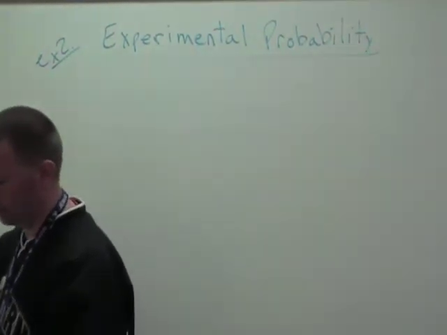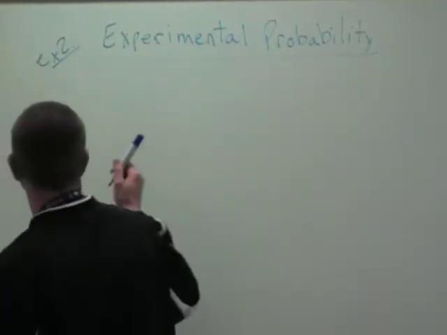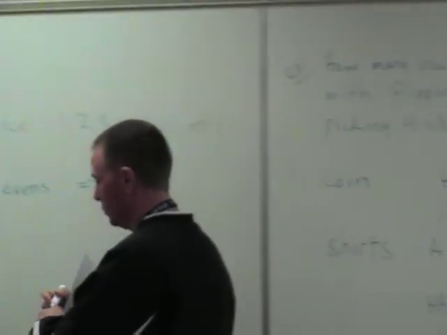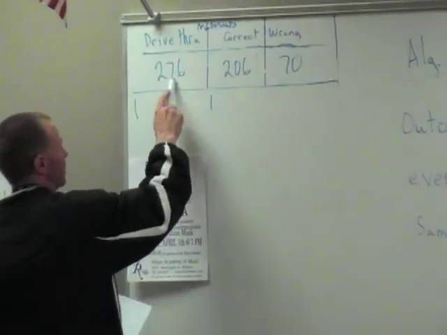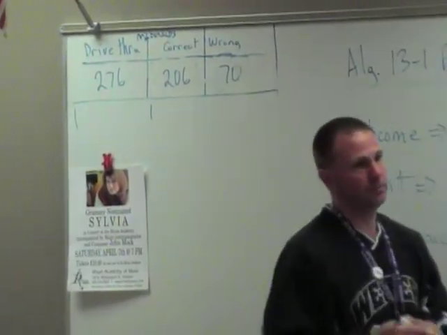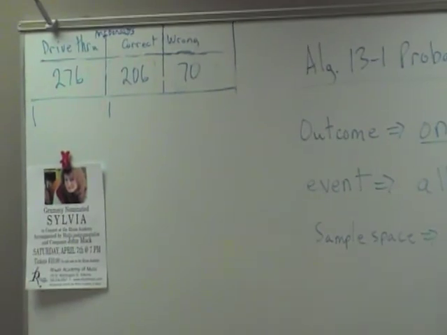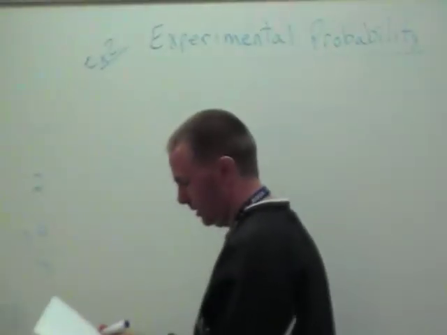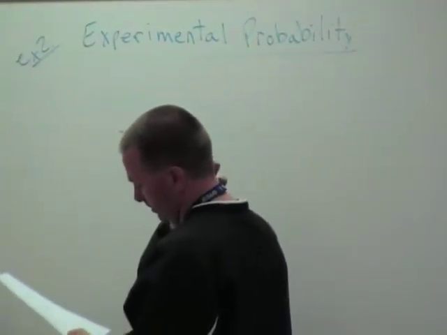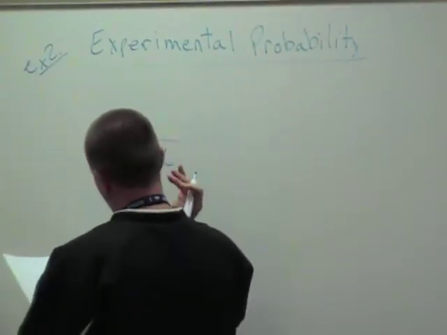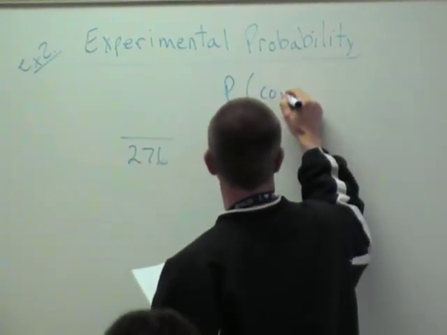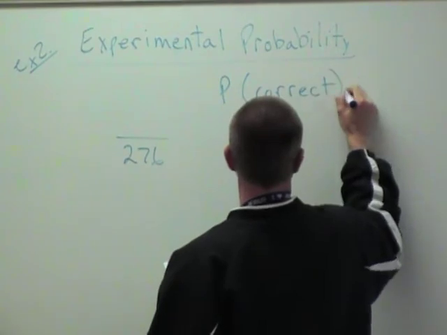Experimental probability is talking about what is possible. What I'd like to do with this one is use what we've been doing all year. We keep track of the drive-through, and our sample space is 276. That's the total amount. We've gone through the drive-through 276 times. So this is how we would write this. I want to know the probability of a correct order through the drive-through.